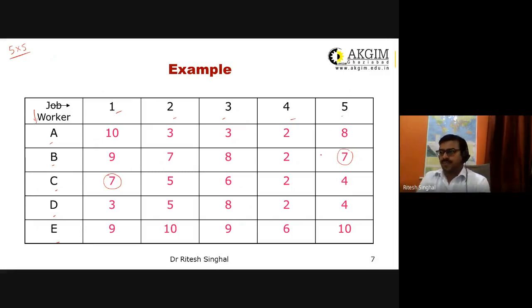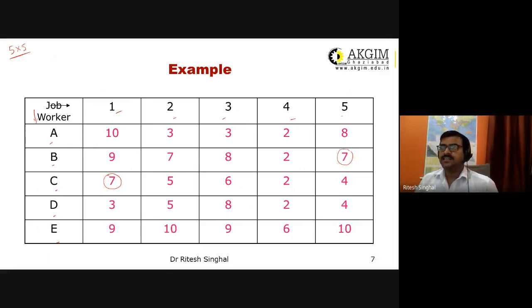So these values are the assignment cost for a particular job to a particular person. So here the problem is how we can assign the workers to the jobs in such a way that the total time taken to complete all the jobs is minimum.